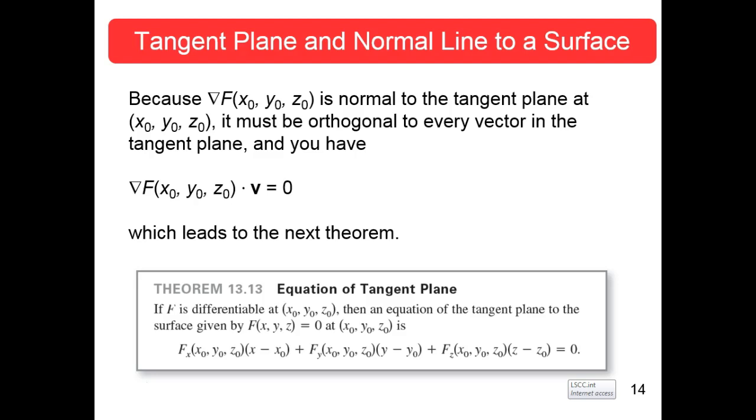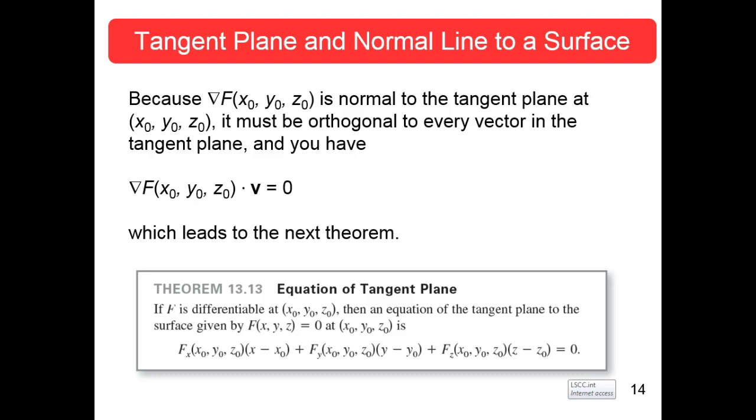We'll dot that with the vector that's in the plane that's perpendicular to this, okay? And that plane at this point, that's your point we just had there, a vector perpendicular to that is going to have components x minus x0, y minus y0, and z minus z0, and then the gradient is going to have components of the partial with respect to x, partial with respect to y, partial with respect to z.